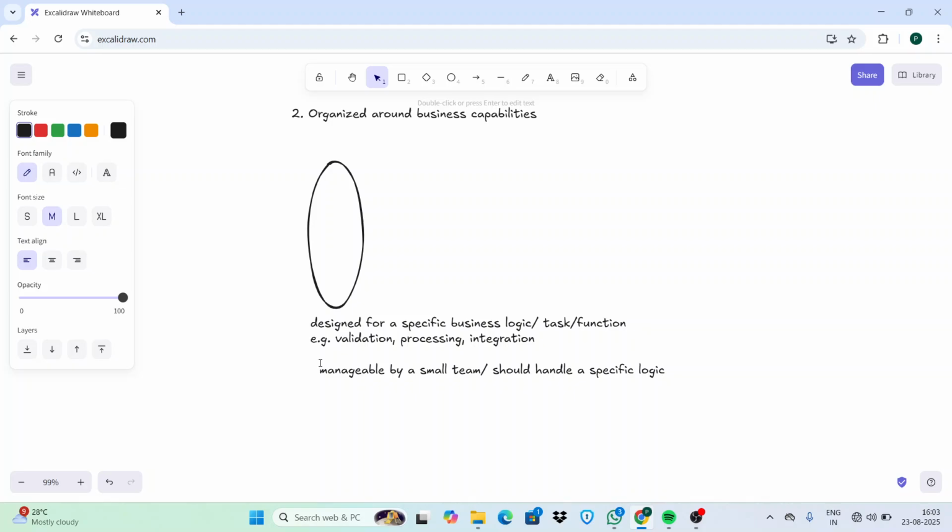Two pizza team means a team small enough to feed with two pizzas. So services can vary in size, but as long as they serve one clear business capability, they are still considered microservices. So this is the second principle of microservices, that is nothing but organized around business capabilities.